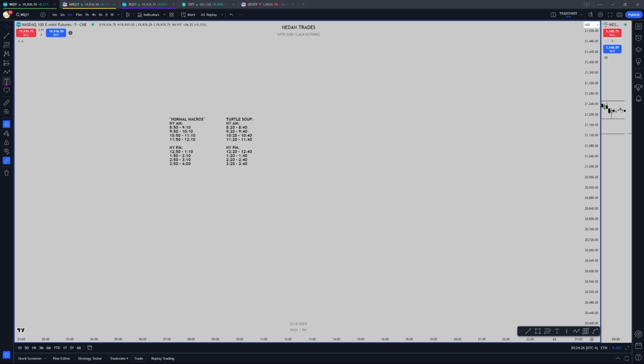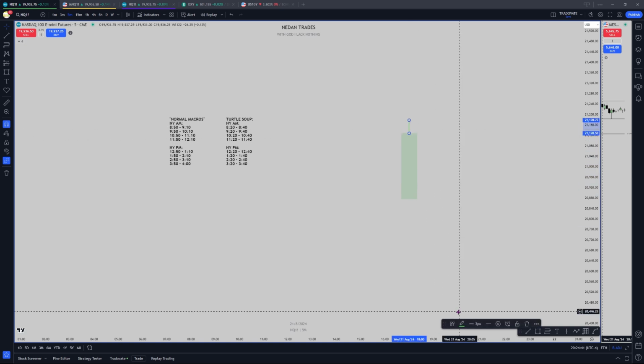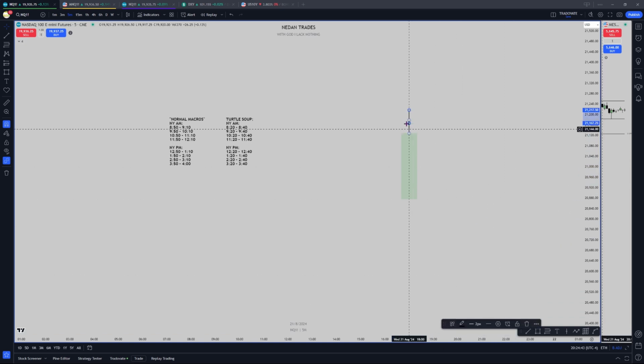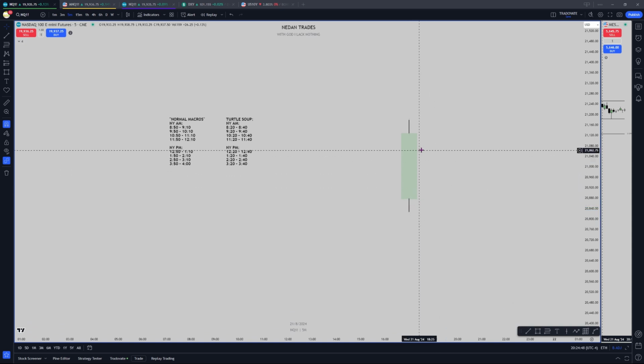So let's say you have an hourly candle. This is your candle right here. This candle is going to have, like I said before, the open, low, high, close.